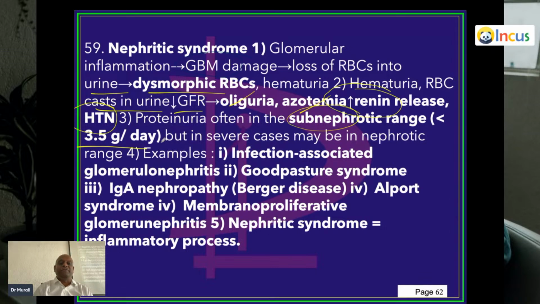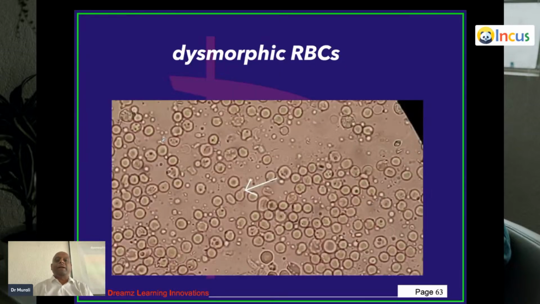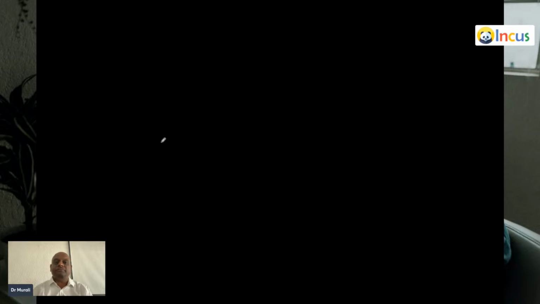Take a chance to do the revision. So membranoproliferative glomerulonephritis, all this will lead to nephritic picture. So what are these, doctor? These are a bunch of dysmorphic RBCs in urine.